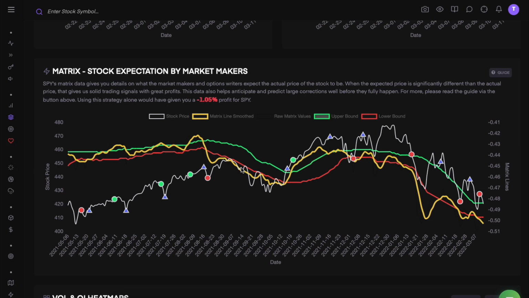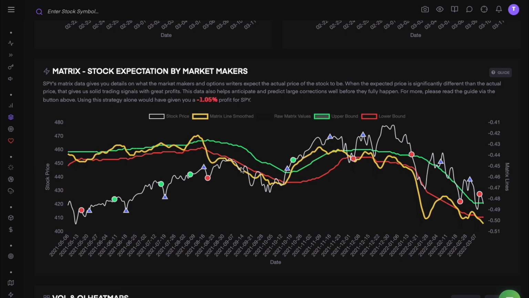So if they're expecting a big move down, they adjust the prices of puts so that they're more costly, because at the end of the day they want to be the smartest person in the room, and they'll change premium pricing in a way that reflects their thinking.